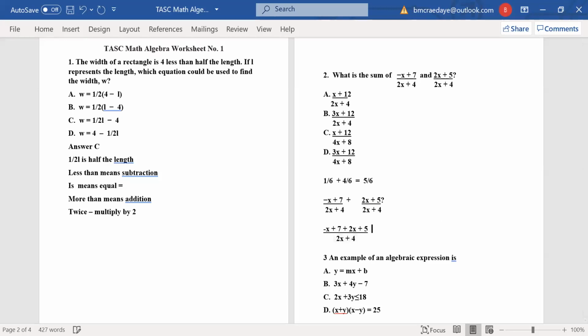And this would be equal to x plus 12, and this would be over 2x plus 4, the denominator.